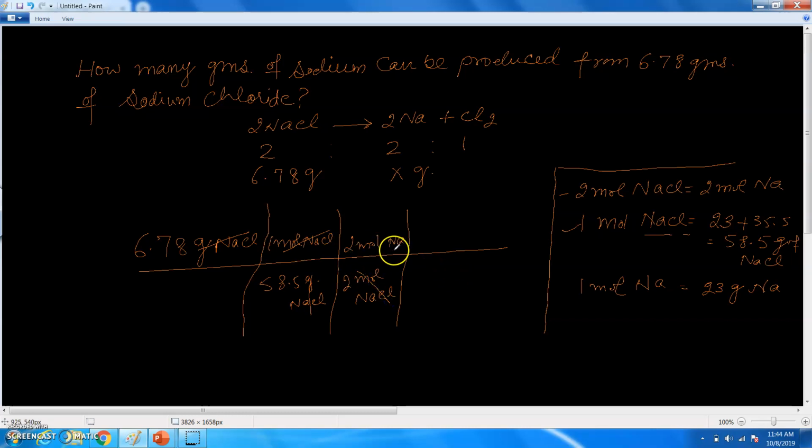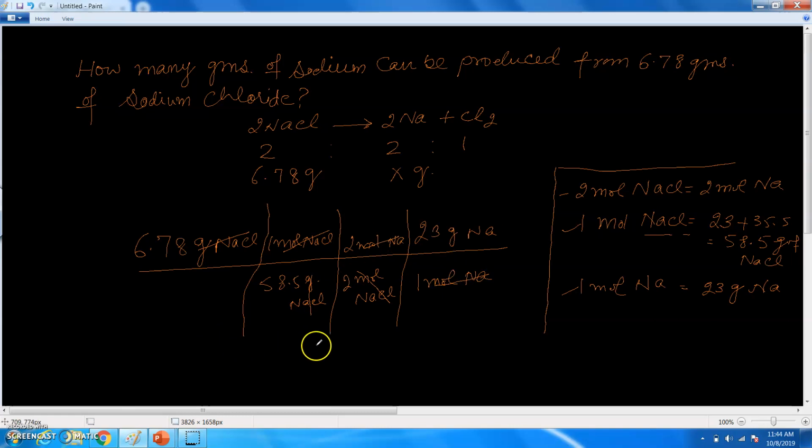Now what is left? Sodium. 2 mole sodium. We are left with this. So we will write 1 mole sodium is equal to 23 gram sodium. We will cancel this mole sodium with mole sodium.